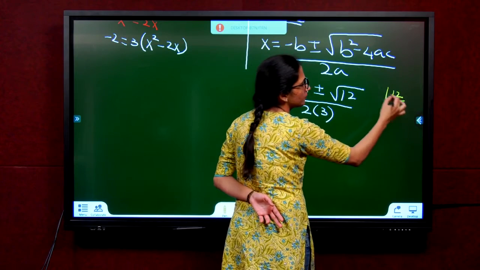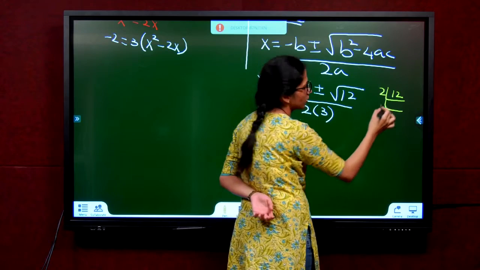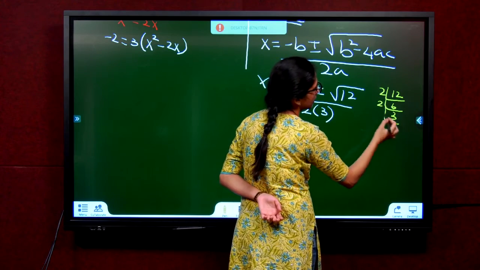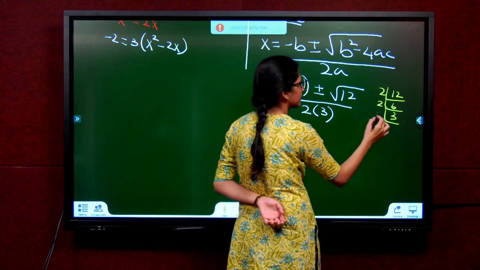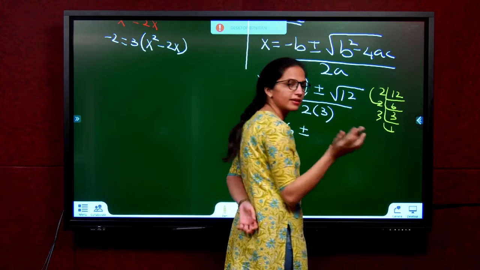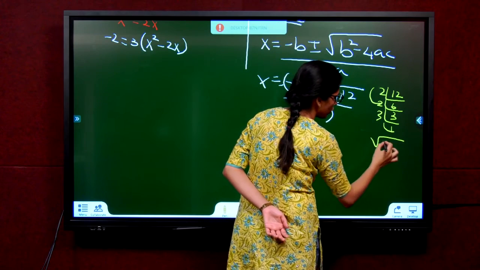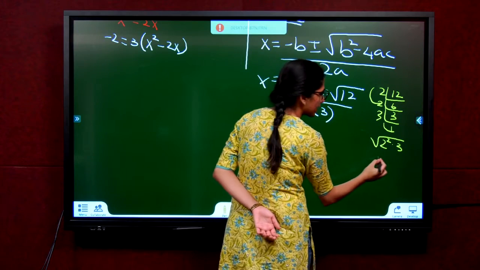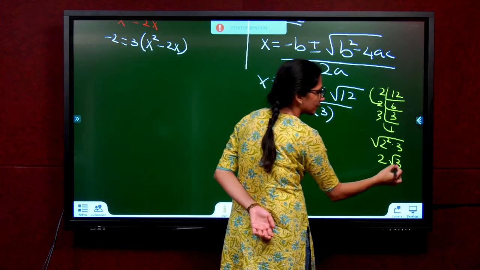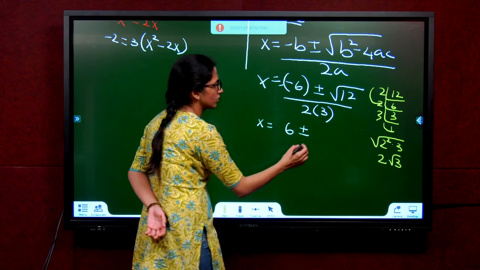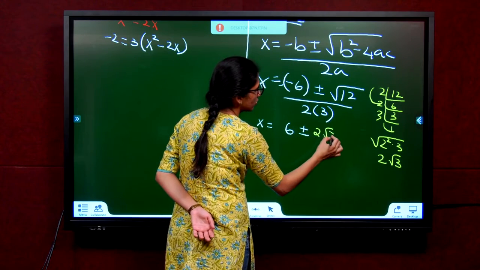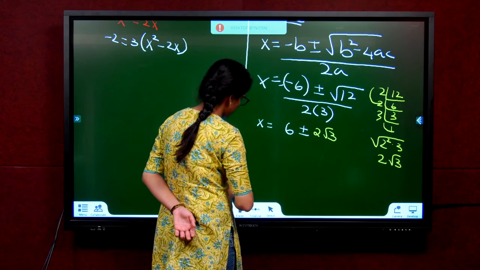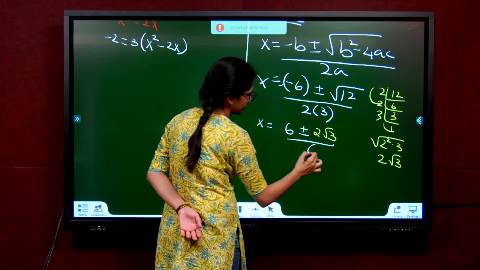Take 12, do prime factorization. 2, 6 are, 2, 3 are. Always put it in pairs. 2 and 2 is a pair. 3 does not have a pair. So it is root of 2 square into 3. When 2 square comes outside the root, it becomes 2. 3 will remain there only. So this is plus or minus 2 root 3 divided by 6.